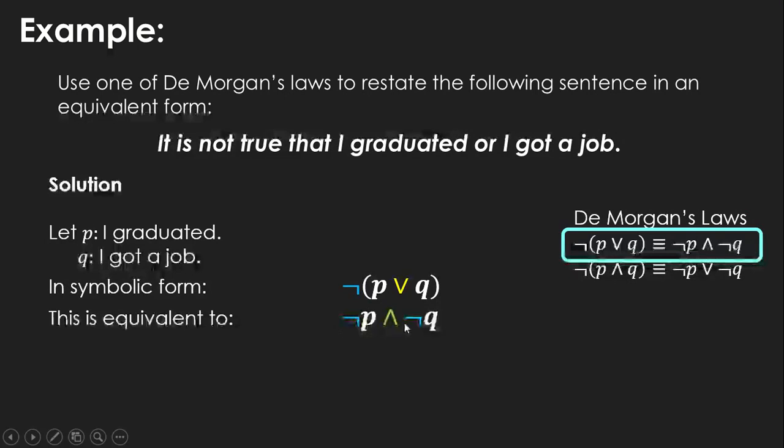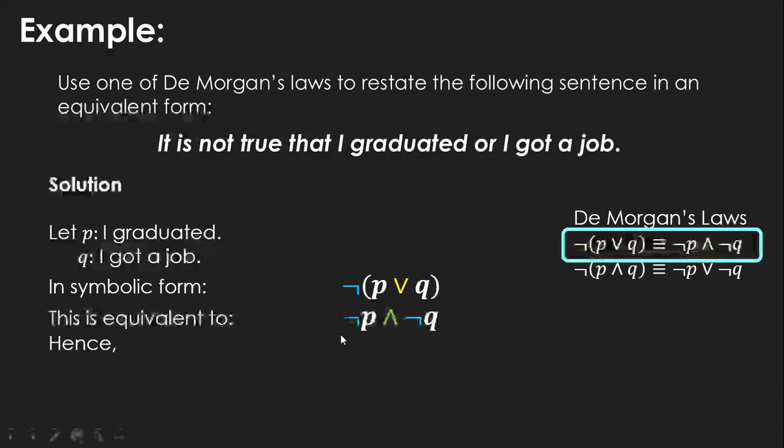Now, the task here is to restate the compound statement. So, from the original sentence form, ginawa natin siyang symbolic. Tapos, yung symbolic form, we utilized De Morgan's Law to find its equivalent. Then, based sa equivalent symbolic form, we will translate it into an English sentence.